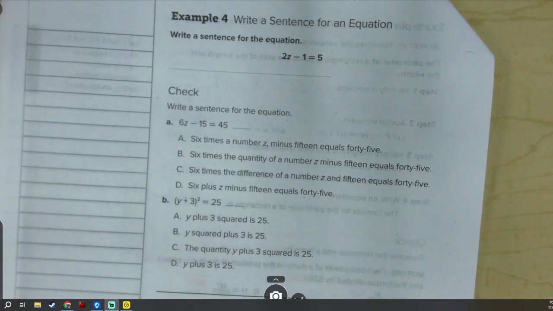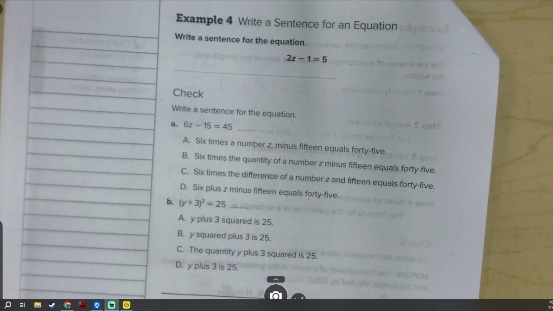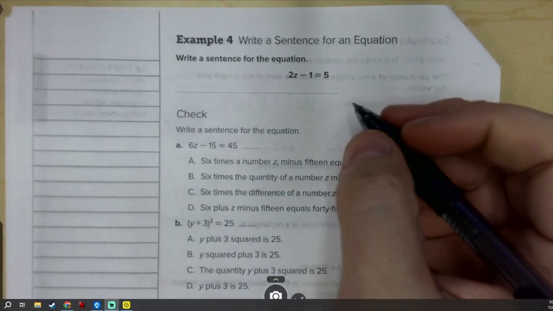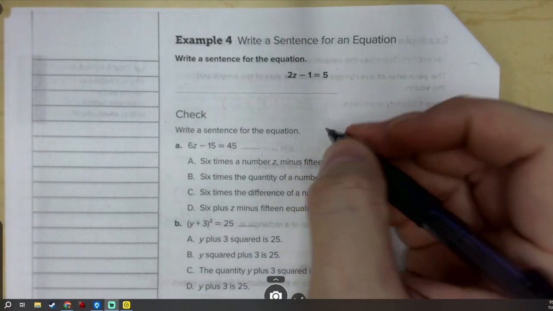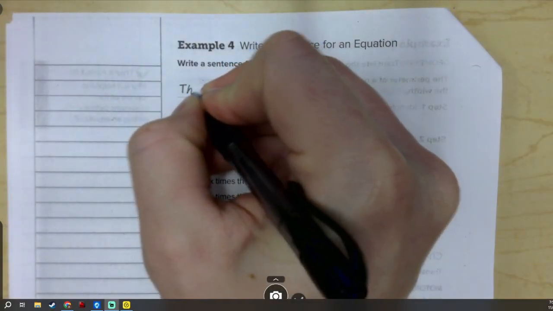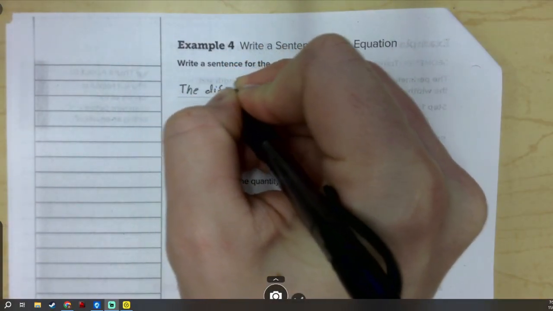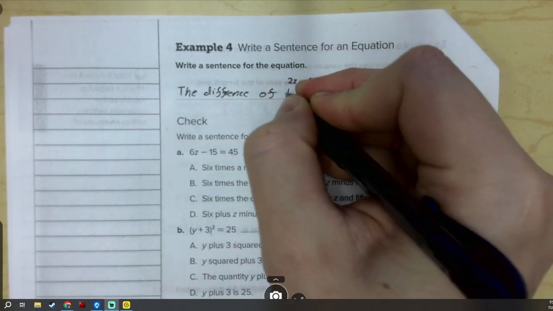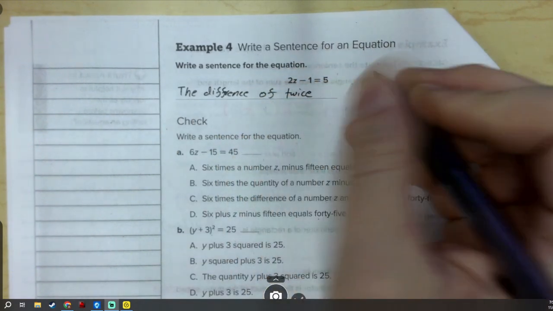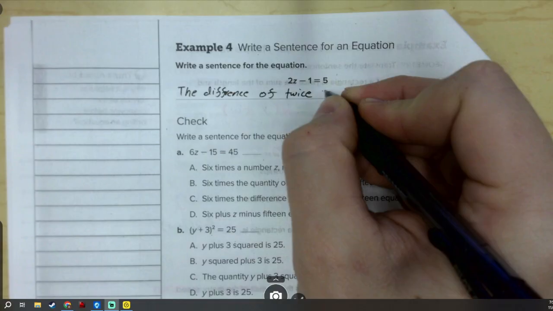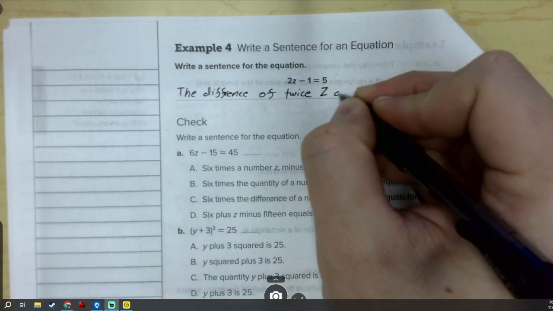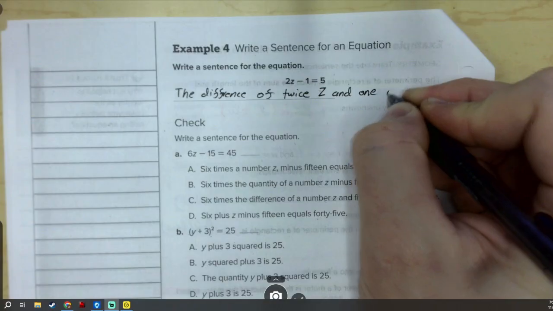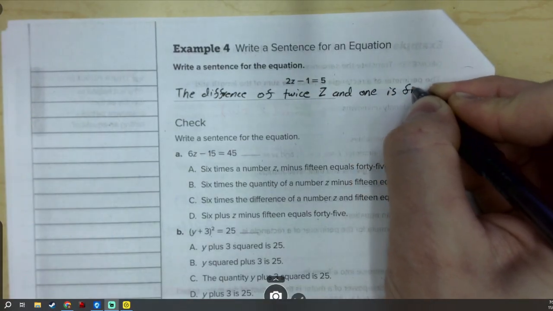Example 4. Write a math sentence for this equation. The difference of twice z and 1 is 5.